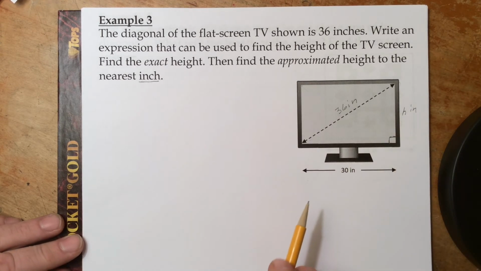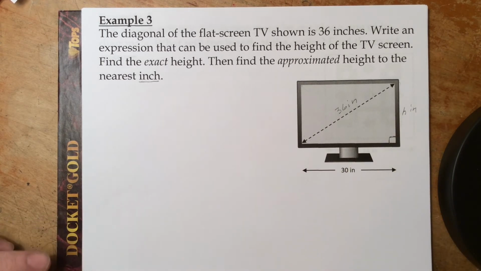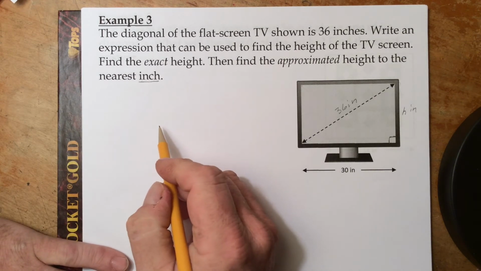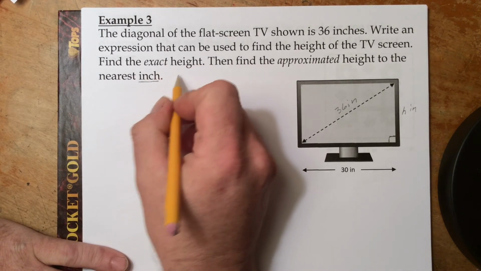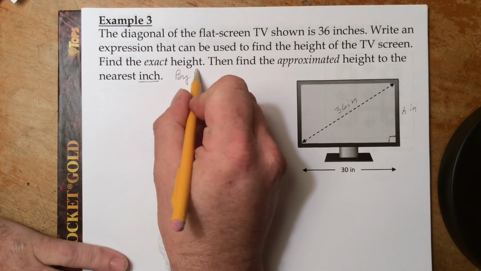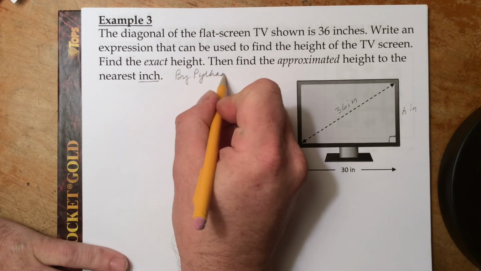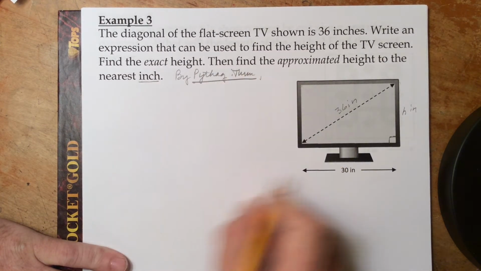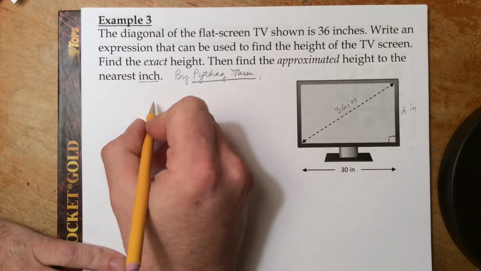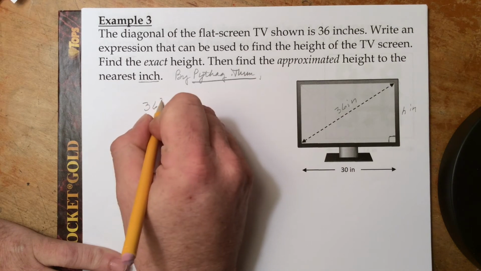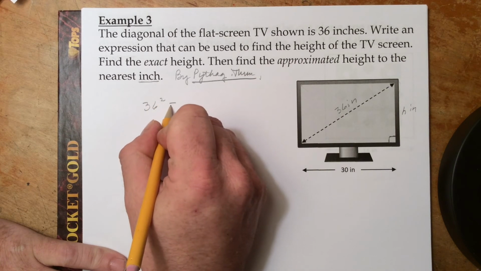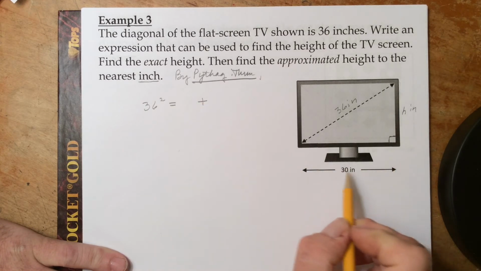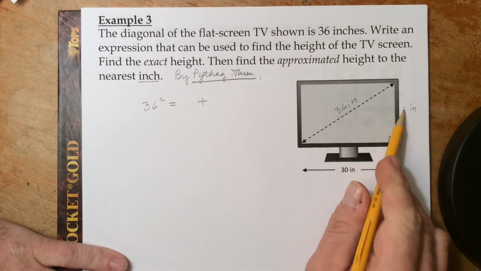And they want us to write an expression that can be used to find the height. So we're going to use the Pythagorean Theorem. Take the hypotenuse, which is 36, square it, and that's going to equal the sum of the squares of the two legs.